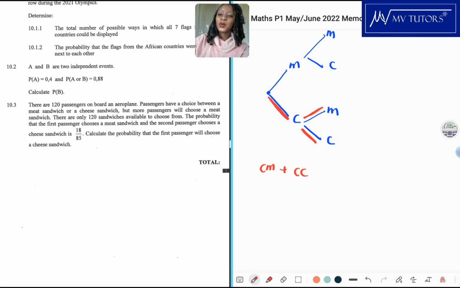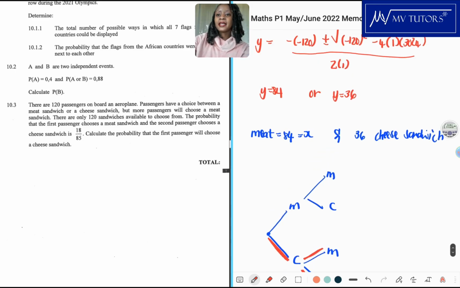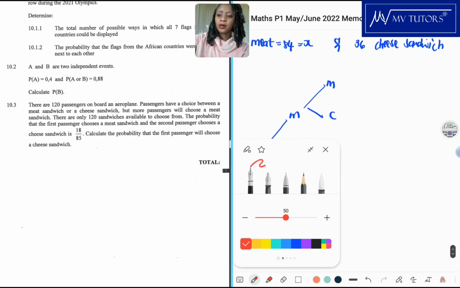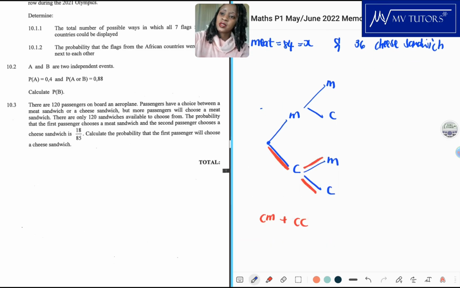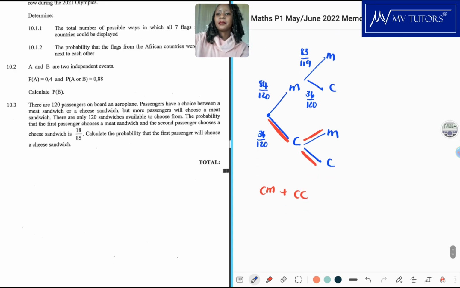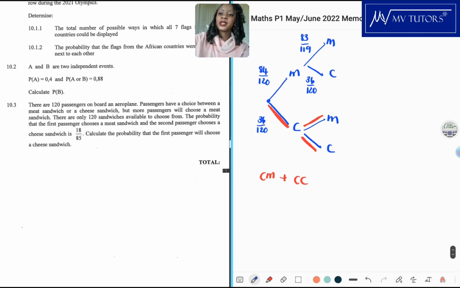We said that x is equal to 84, and that's the meat. So this was 84 over 120, and this was 36 over 120. If they went with meat, that would have been 83 over 119. They will still have the same amount of cheese. But we're not interested in the top part, we're interested in the bottom part. So if they chose cheese first, we have 36.